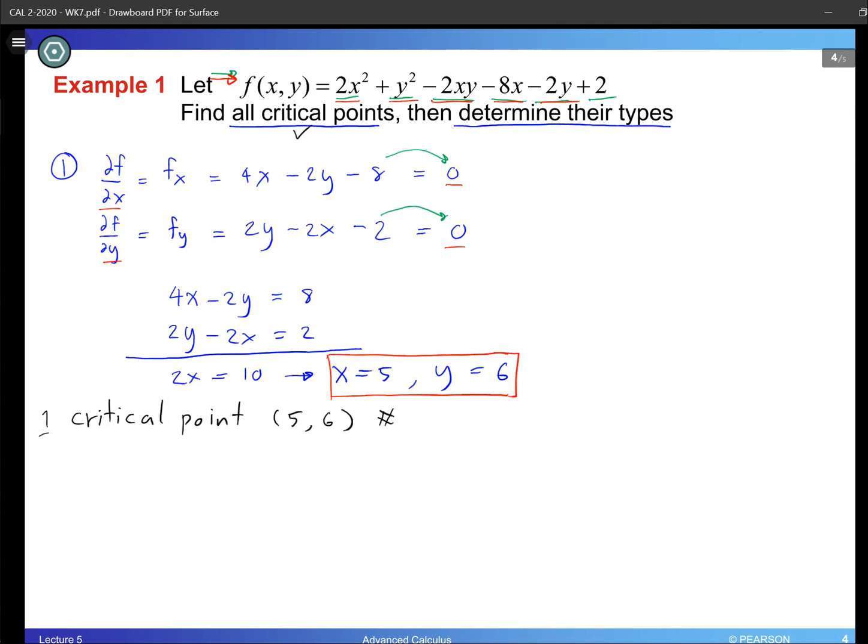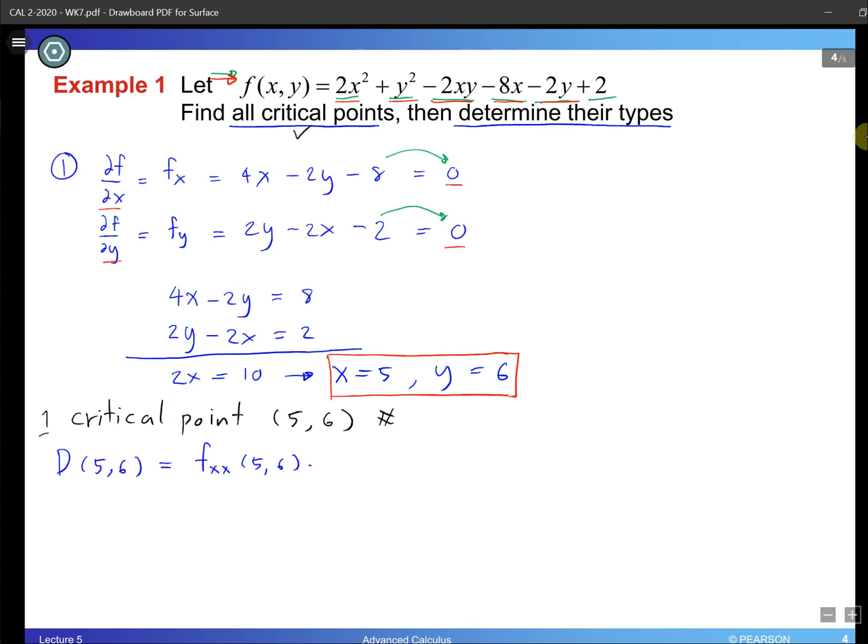So as you know, we are going to need the d value. So let's take a look at the formula for d value. We are supposed to find this d at this point, 5 and 6. Okay, and as you know, we need the second derivative of f with respect to x. This comes from the formula. At this point, oh by the way, x twice, at this point 5 and 6.